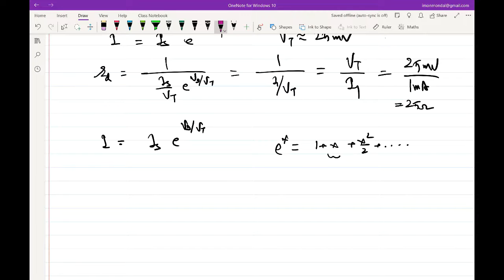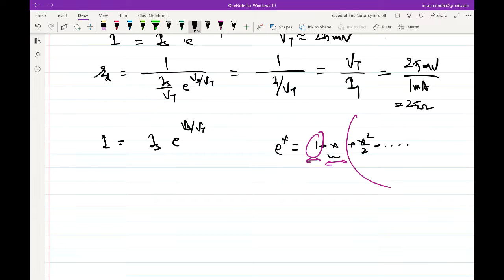For the Taylor series to be approximated by the first two terms, here I'm expanding around 0. You can as well expand around any operating point. We want to keep the first term, 1, which is the quiescent or operating term, and the second term, which is the first derivative, and I want to neglect all the rest.